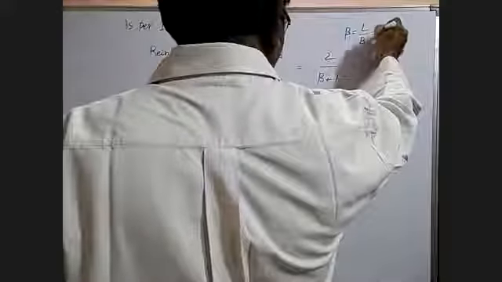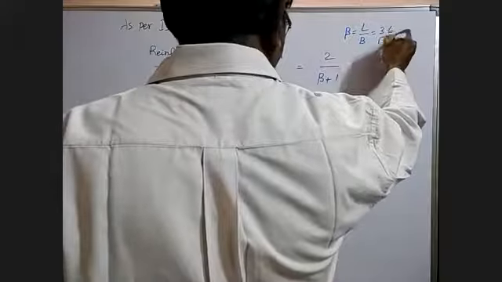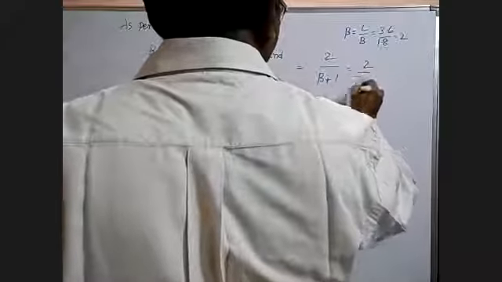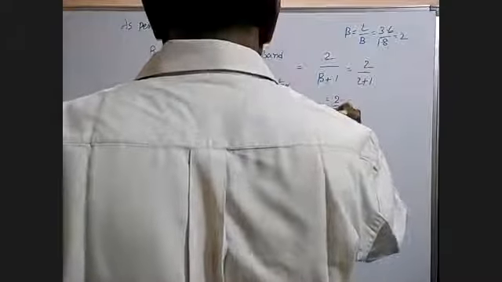Here L/B is 3.6/1.8, which is 2. So 2/(2+1), which is 2/3.